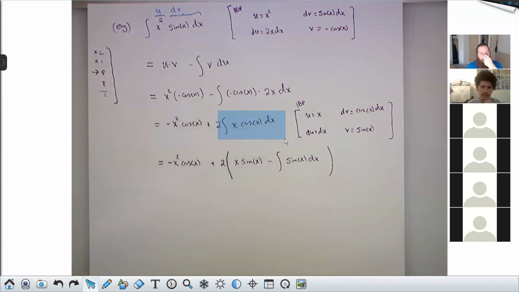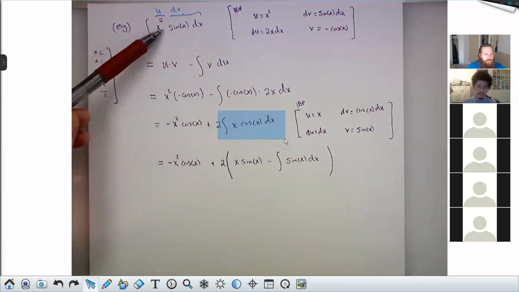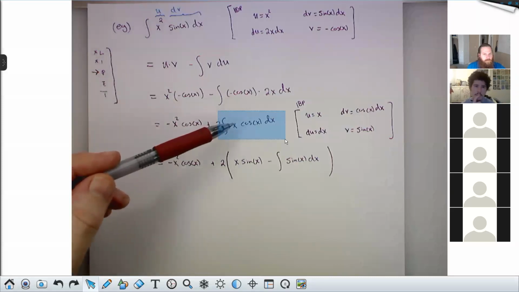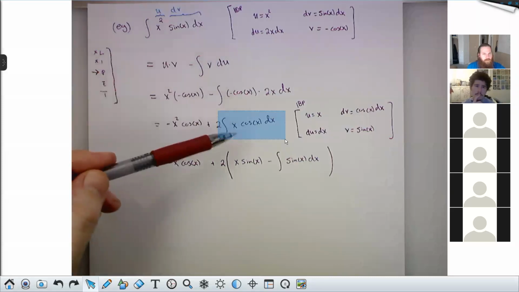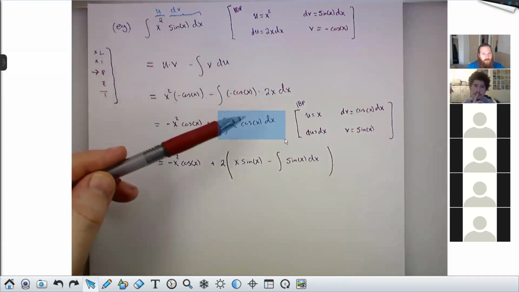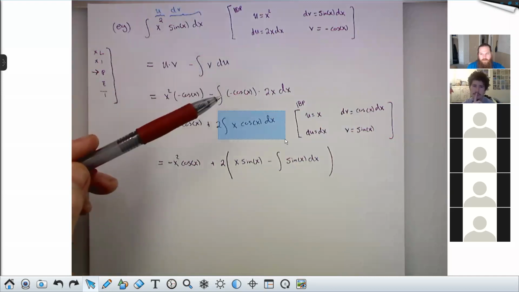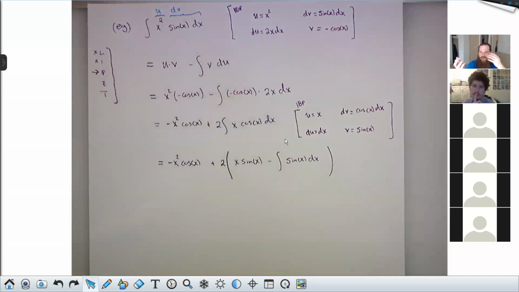That's one function times another. So for the same reason I used IBP at the start, because I had a product of two functions, I'm going to use IBP down here. This actually looks a lot like that. The sine became a cosine and the x squared became an x, but I still have the same sort of pieces. I still have a polynomial function times a trig function. So anytime you encounter something like that, polynomial times sine, polynomial times cosine, those are all IBP problems. Got it. Thank you. Of course.